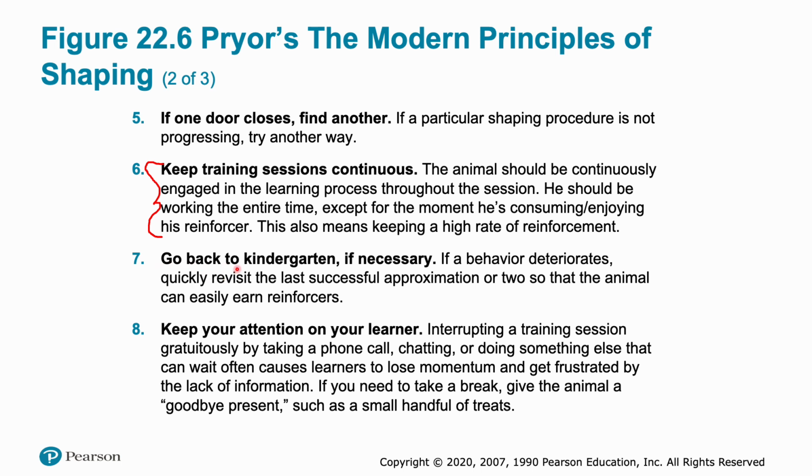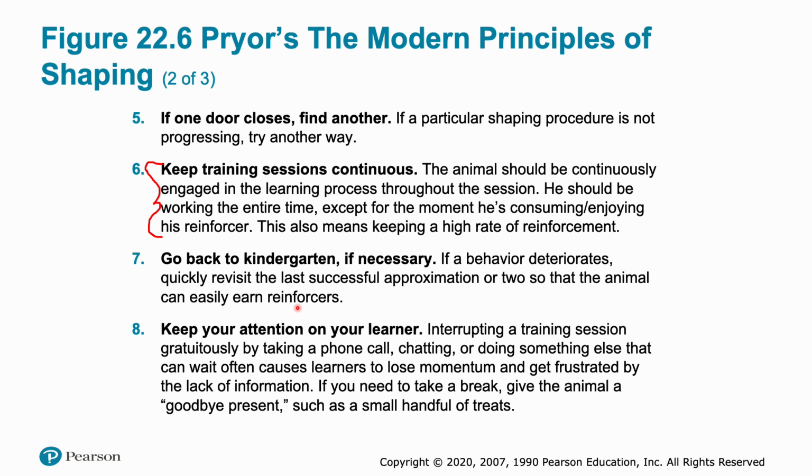Okay. So step 7 says go back to kindergarten if necessary. And this is what I just mentioned previously. So if a behavior deteriorates, quickly revisit the last successful approximation or 2 so that the animal can easily earn reinforcers. Okay, and this has to do with what I've mentioned.